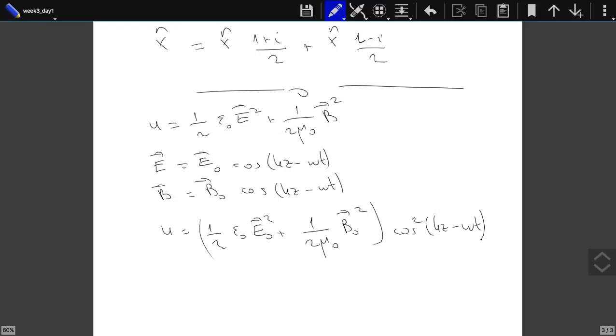Well, we also know a relation between the magnitudes of B0 and E0. C or 1/C? 1/C or C?